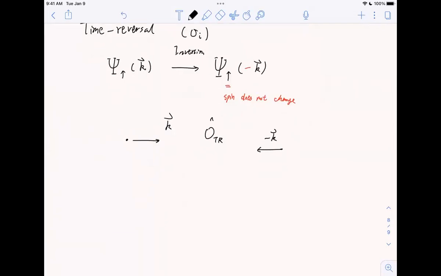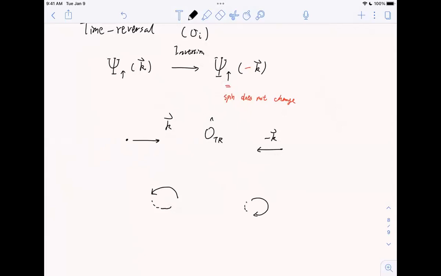However, you have a spin. This time the spin is like this, you're making a rotation. So what's the time reversal process? You just need to go backward.